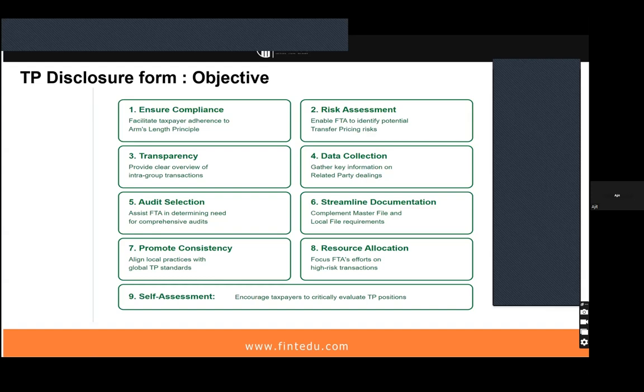Taking the example, I am a limited risk distributor earning a 2 to 3% margin, but when we do the arm's length analysis and the function analysis, we come to know that the entity is not a limited risk distributor. It is more than a limited risk distributor, and should be entitled to not a 2-3% margin, but more margin based on the function analysis.